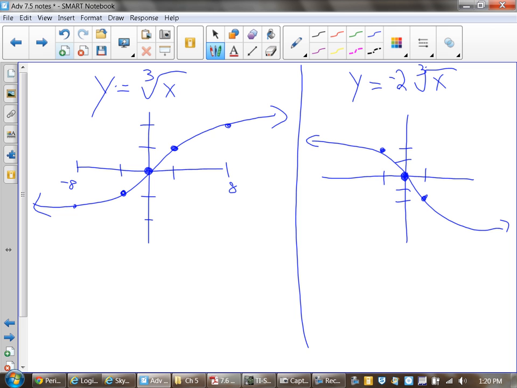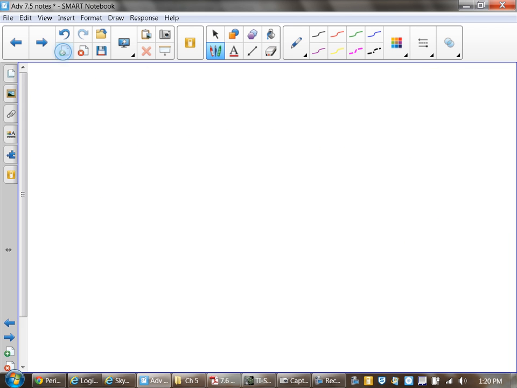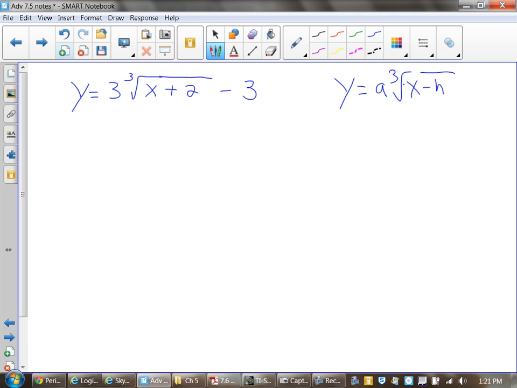So let's shift it. What do you think you have to do to start with? Again, this is following the pattern of y equals a cube root of x minus h plus k.